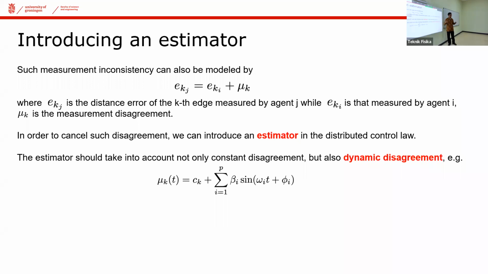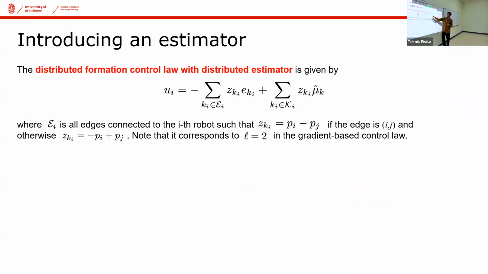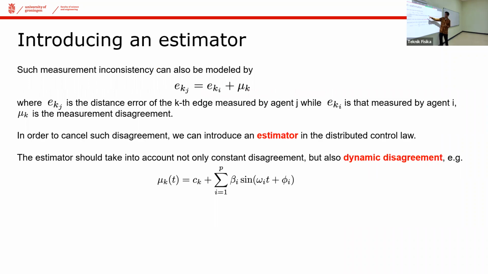So in this case, because we would like to cancel the discrepancy, we introduce this estimator, and we hope that having the right estimator would cancel the mu k that is given here. So that's the idea.